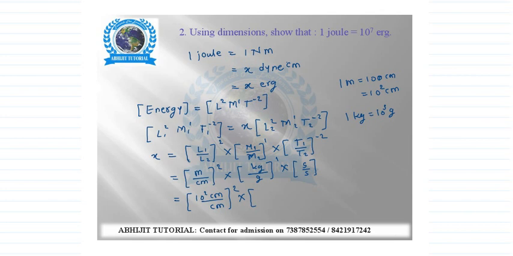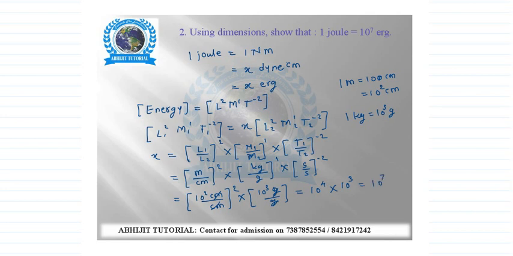We don't need a factor for time because second is the same in both systems. So centimeter cancels out, gram cancels out, and we have 10 raised to 2 squared, which is 10 raised to 4, into 10 raised to 3, which finally is 10 raised to 7.